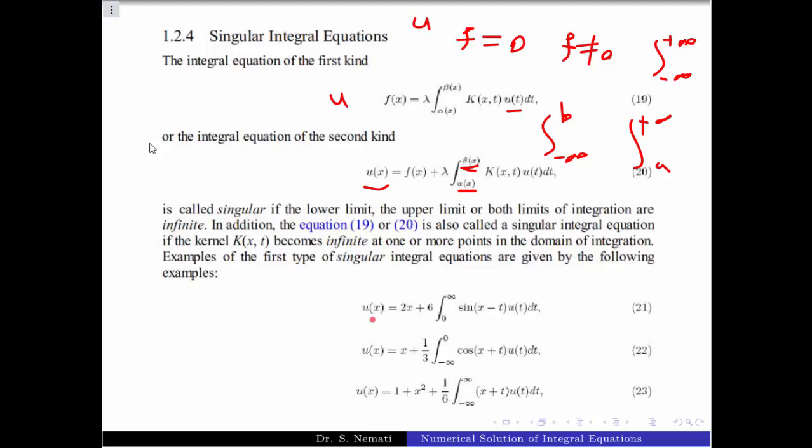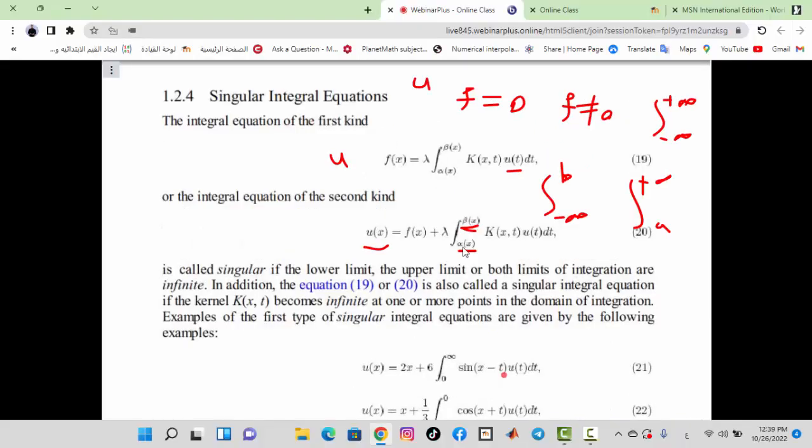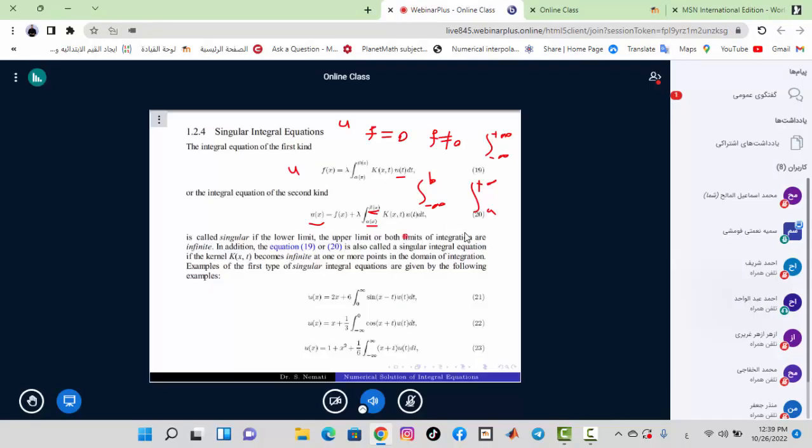For example, here you can see different singular integral equations. Can you tell me why this integral equation is singular?